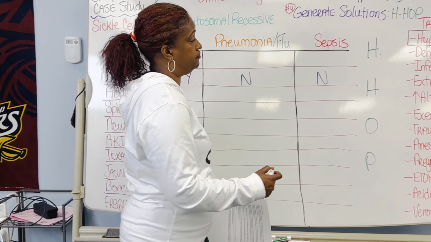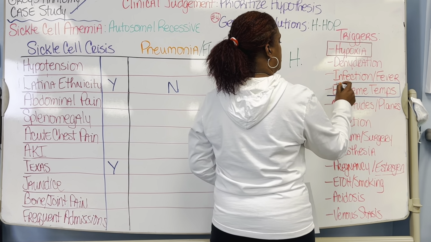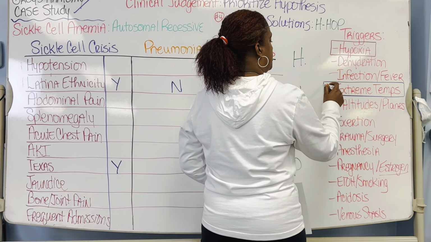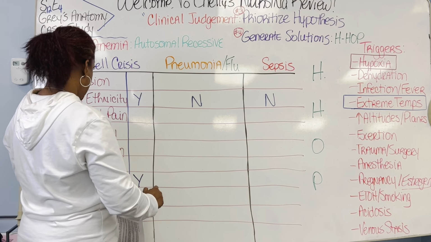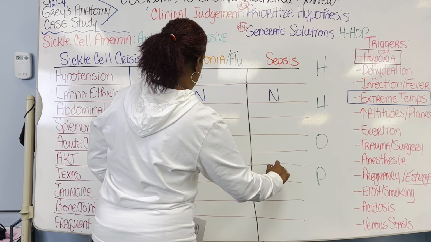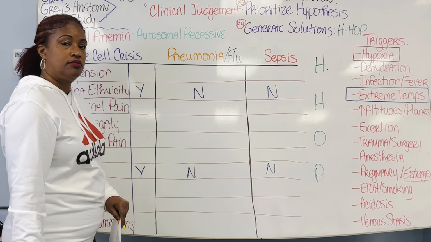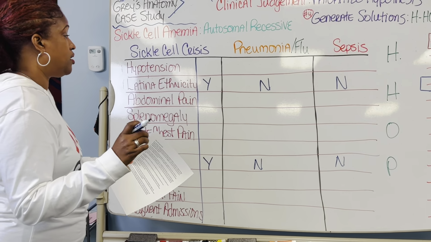Well, would you agree Texas in May is hot as hell? Is it pertinent to pneumonia? No. How about sepsis? No. So you're seeing how I'm prioritizing my hypothesis, trying to narrow it down and figure it out. Y'all with your girl now, got to keep on going.